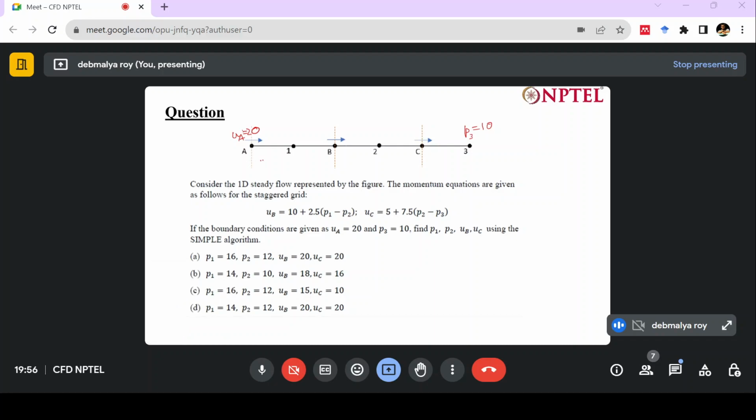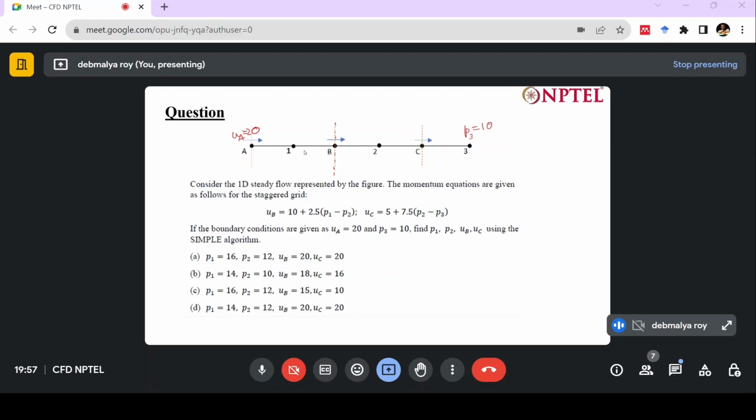Here the convention is different. They are using numbers for the pressure and letters for the velocity. But the red lines are basically the main control volume edges. And A, B are the staggered grid center points where the velocities are. So we have the pressure here and the velocity.